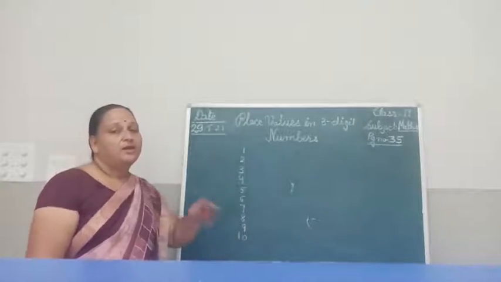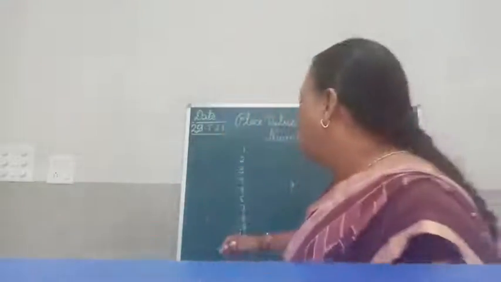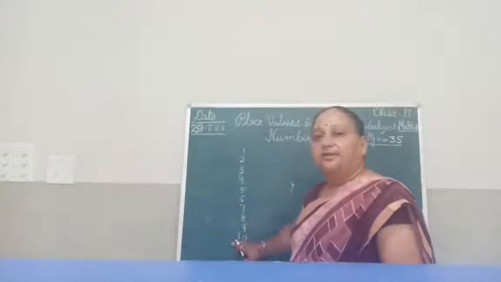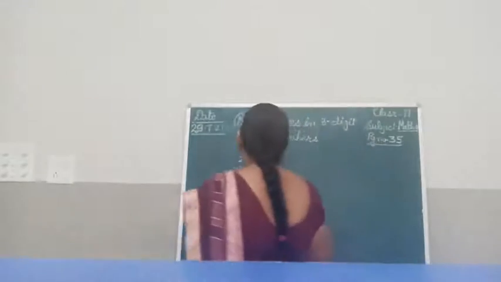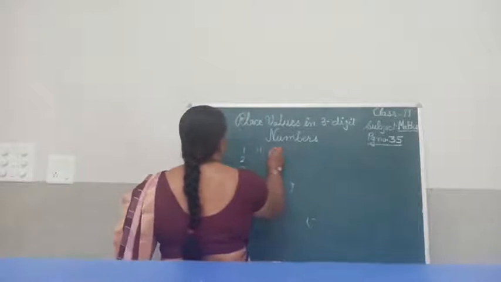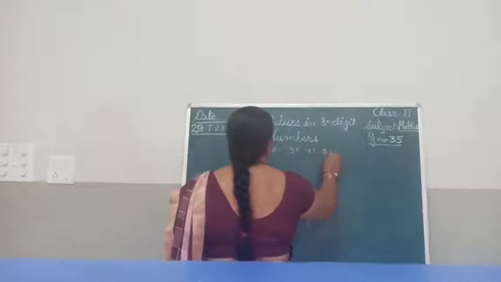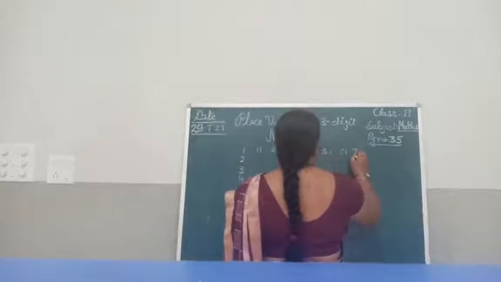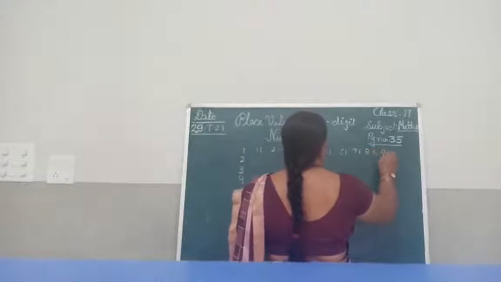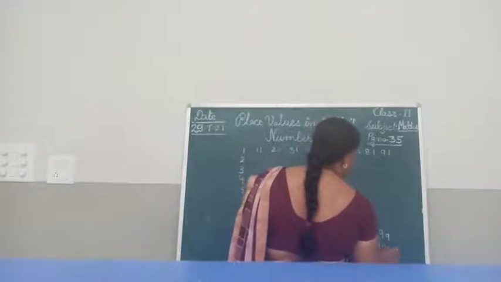That's why whenever the number is in 2-digit, we said that the place is tens. Now till 99: 11, 21, 31, 41, 51, 61, 71, 81 and 91, till 99 and then 100.